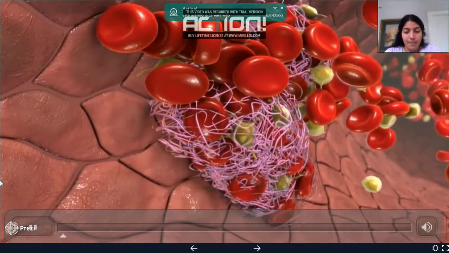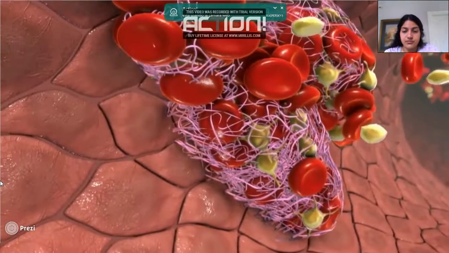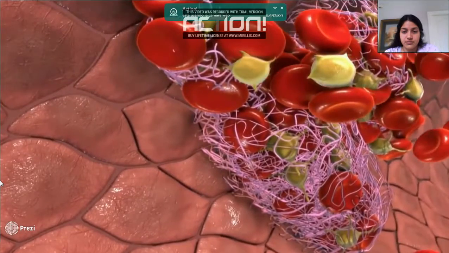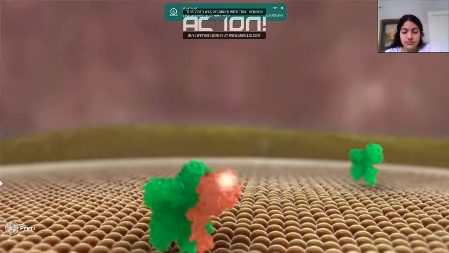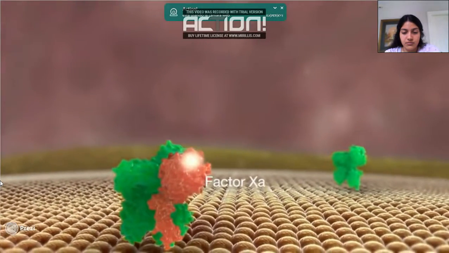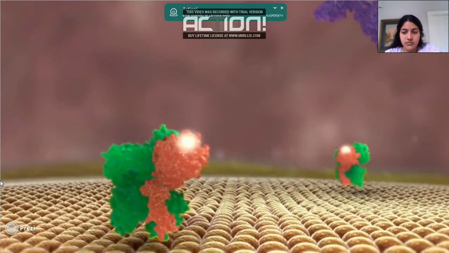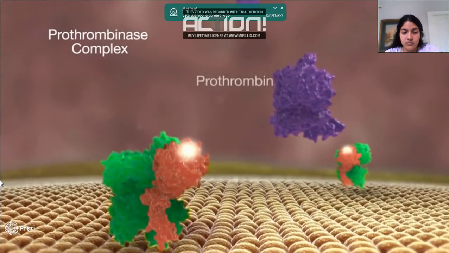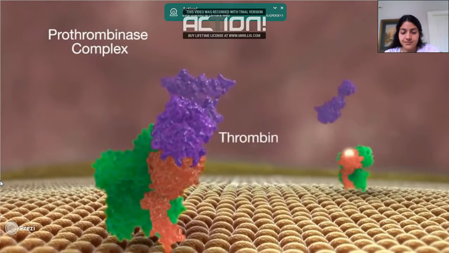Coagulation factor 10A plays a pivotal role in the final common pathway of the coagulation cascade. Factor 10A assembles together with factor 5A on the platelet surface, forming the prothrombinase complex, which is responsible for the large-scale conversion of prothrombin to thrombin.